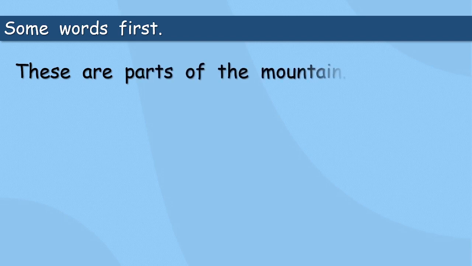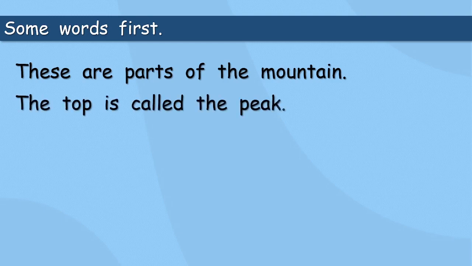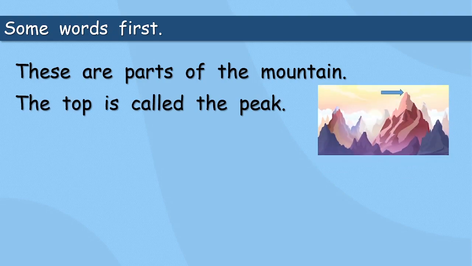Let's look at some words first. They're always a good place to start. These are parts of the mountain. What do you remember? The top is called the peak. The peak of the mountain.